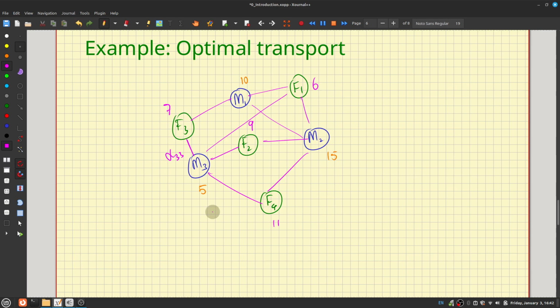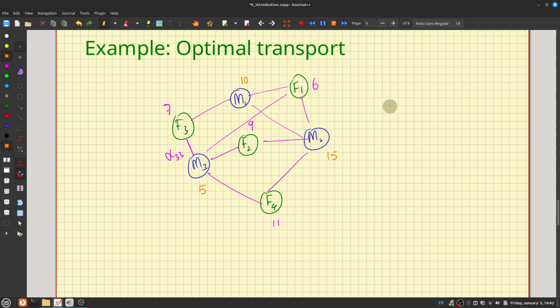Right? So let's assume that. So again, my engineering problem is to transport the ore from the mines to the factories with the least amount of cost. Right?